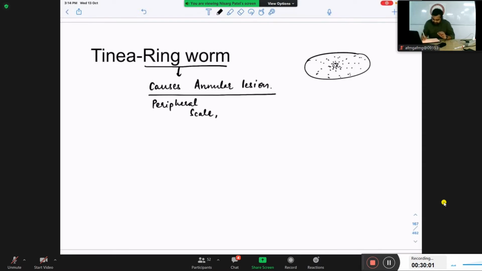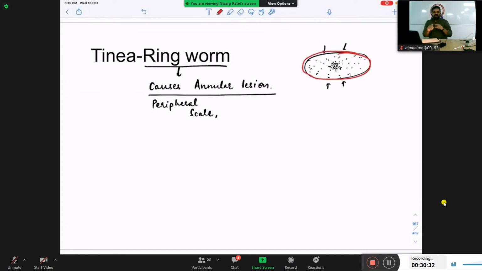When there is so much fungus, my immunity is not trying to kill that fungus, but for the fungus going in the outer direction, my immunity is trying to limit it from going outside, and because of that, most of the time I will itch this area. What is the meaning of scale? I am itching out, and the damaged skin will be in an annular fashion.